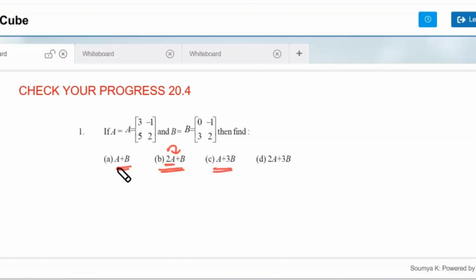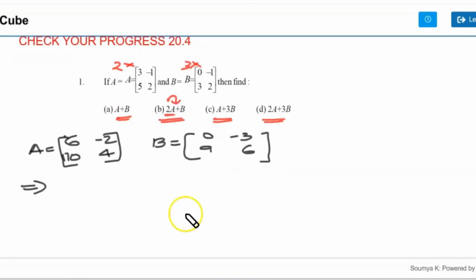Similarly for this one, you have to multiply 3 outside this B matrix as a scalar multiplication and then add it to E. Then 2A plus 3B. Similarly 2 here and 3 here, and you will get the resulting matrix. Let's solve this question. After the substitution, we get these two solutions and then go for addition now. So it is 2A and this is 3B.